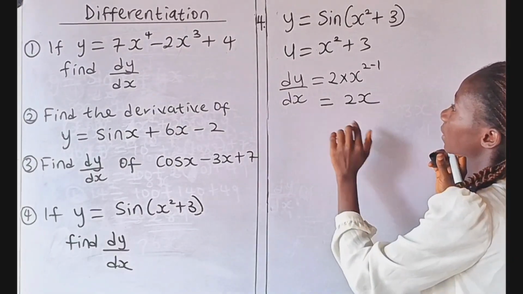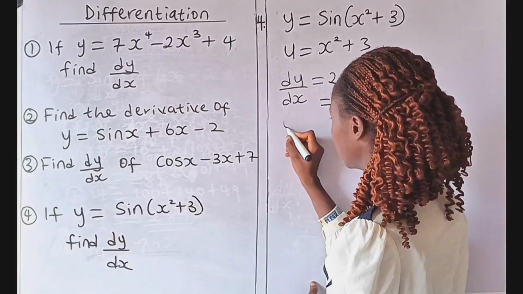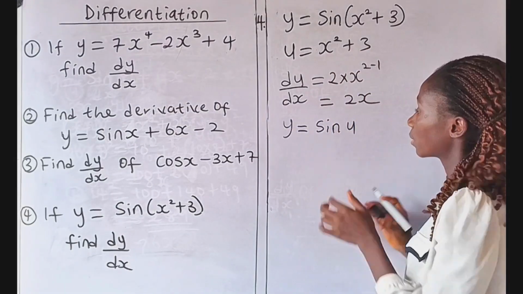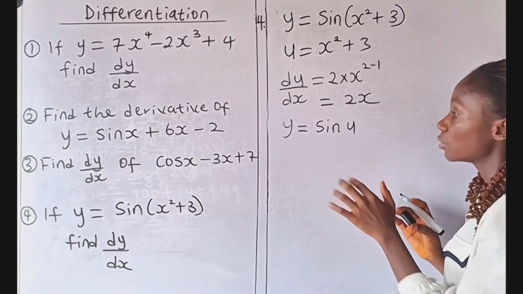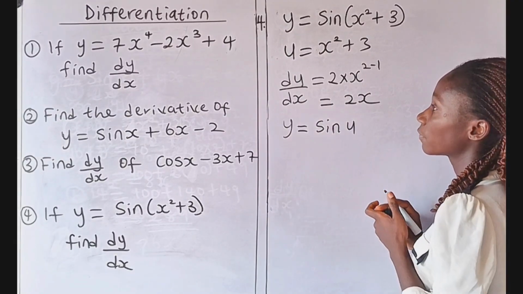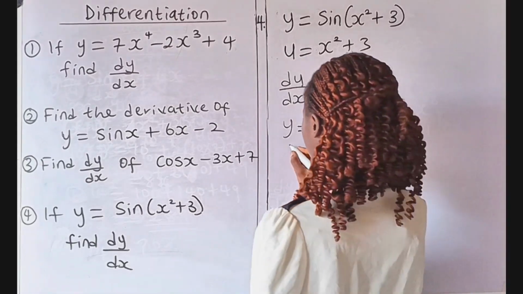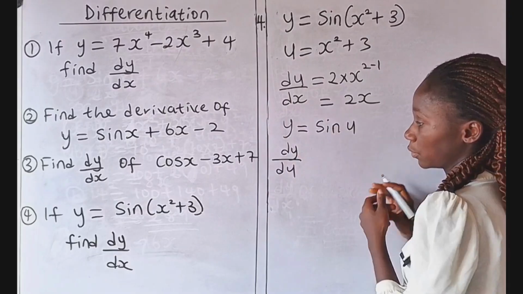Now, since we simplify u to be this, it means y is now equal to sine u. Because u is now taking this place, we can write y equal to sine u. So what are we going to find? We're going to find the dy/du of this. That is, we are differentiating with respect to u.